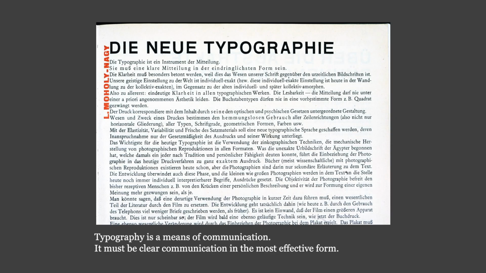Typography is a means of communication. It must be clear communication in the most effective form, effective or penetrating form, if you like. There's a rather nice aspect of this catalogue, which I've never seen pointed out, but there are a lot of E's in that heading, and maybe the printer didn't have so many E's.